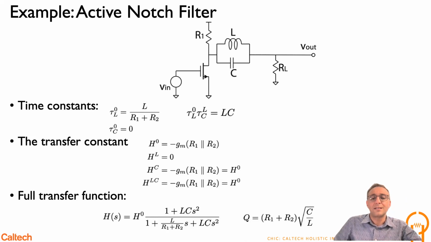If you plug it in, you can see that you have 2 zeros exactly on the jω axis, neither in the left half plane nor the right half plane. And then you have 2 poles, and a quality factor, which you can easily determine from the square root of V2 over V1, basically the square root of this over that, which is exactly what you have on the right-hand side. So this is another example.